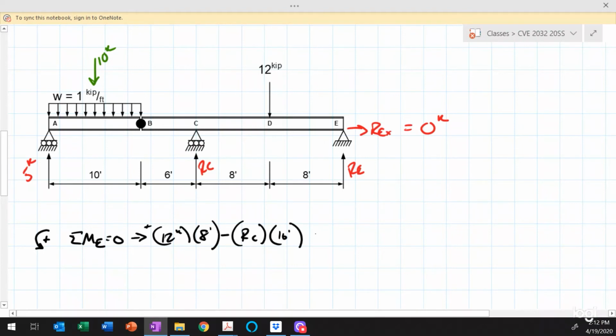I end up with 10 kips acting at a distance of 8 plus 16 plus 6 is 22, plus 5 is 27 feet. That creates a positive moment. And then I have 5 kips acting at a distance of 8 plus 16 plus 6 is 22, plus 10 is 32 feet. And that creates a negative moment about point E, and then that goes to 0.